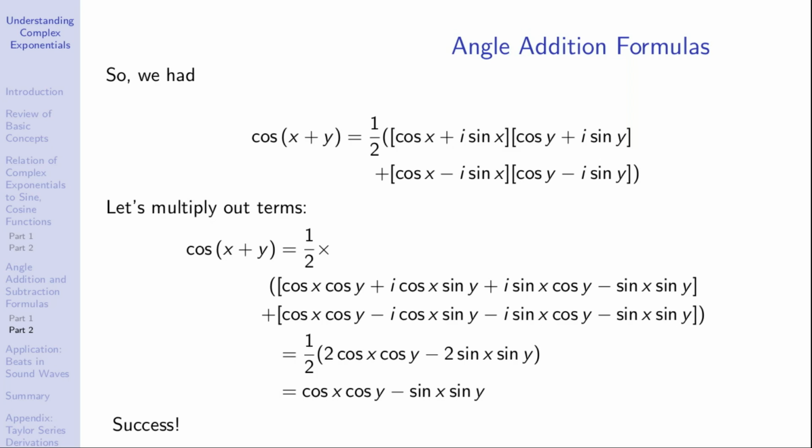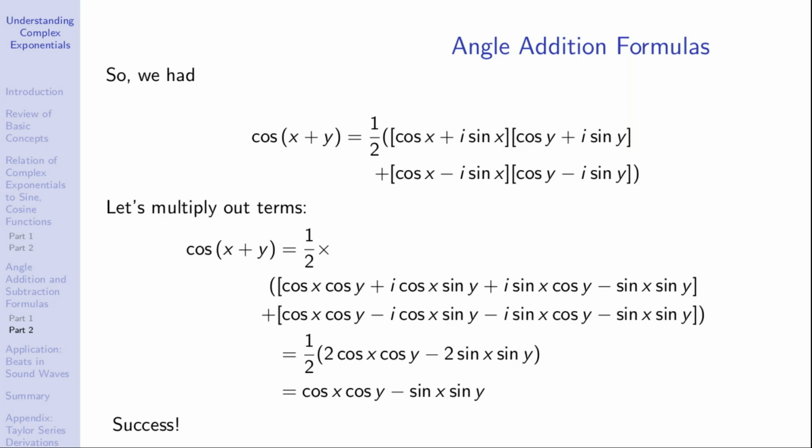However, we can see that the imaginary terms will actually cancel out. So, in the first line of the 8 terms, we have a plus i cosine x sine y. And in the second line, we have minus i cosine x sine y. Similarly, in the top line, we have i sine of x cosine y.